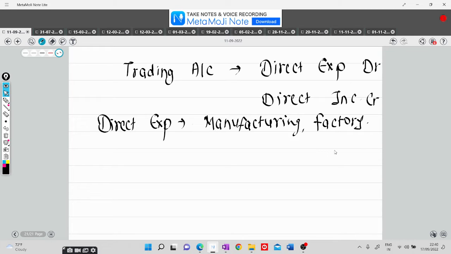All those expenses related to manufacturing, production or factory are direct expenses, and direct income means all those incomes which are due to sales or operational activity of the firm. Since the trading account is concerned with expense and income, the trading account is a nominal account.